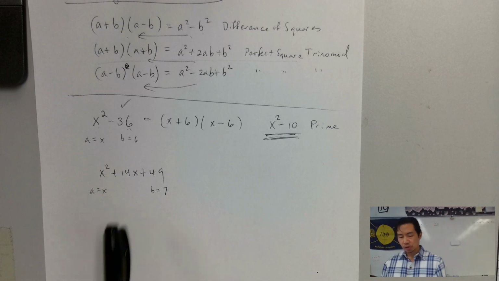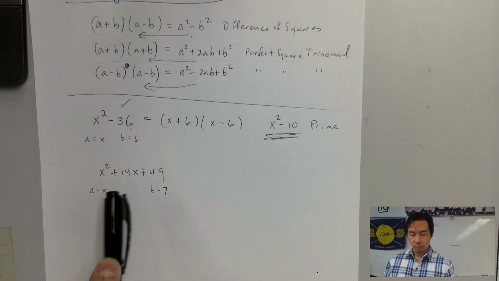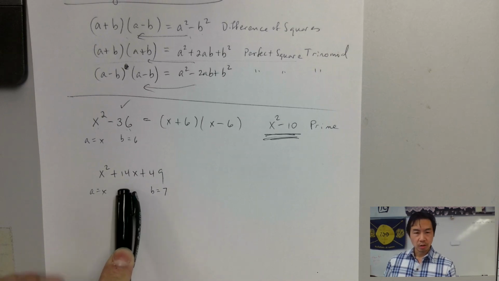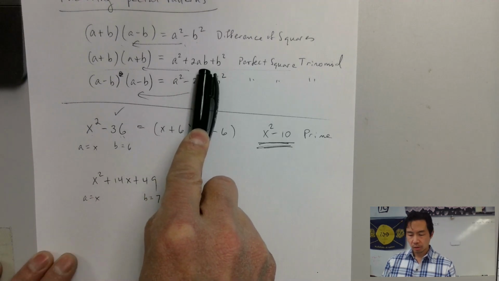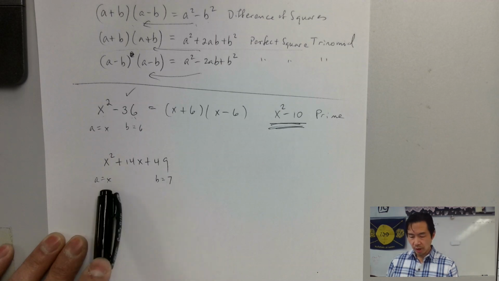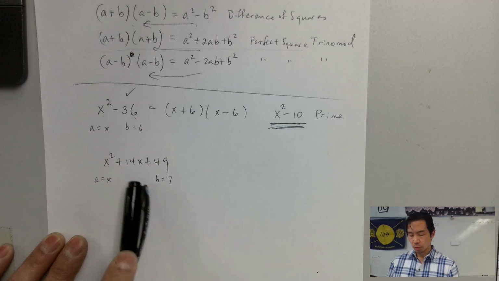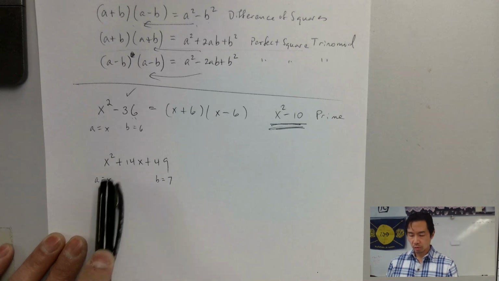Now, in order for this to be a perfect square trinomial, the middle term has to fit certain requirements. The middle term must be of the form 2 times a times b. So in this case, it must be 2 times x times 7, or 2 times 7 times x. It must be 14x, which it is.